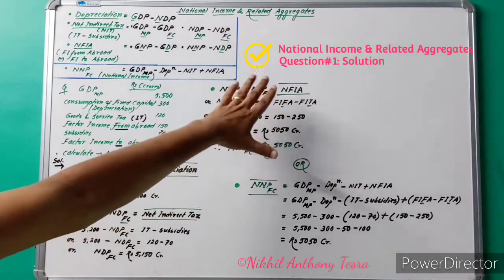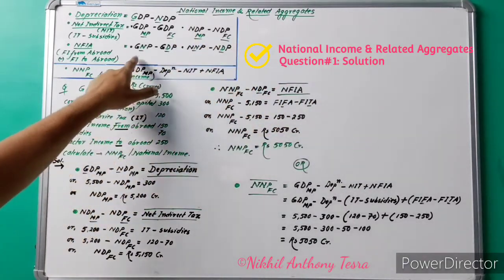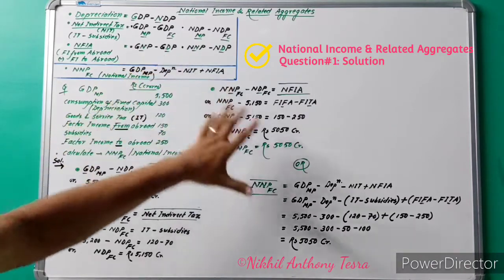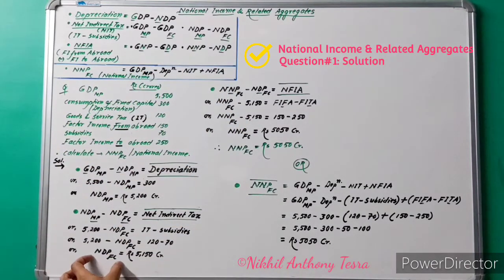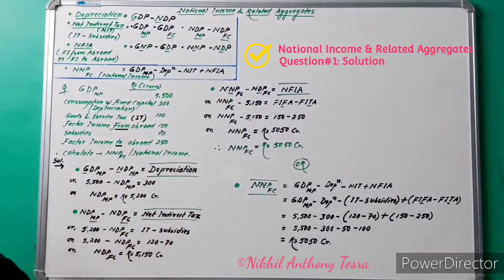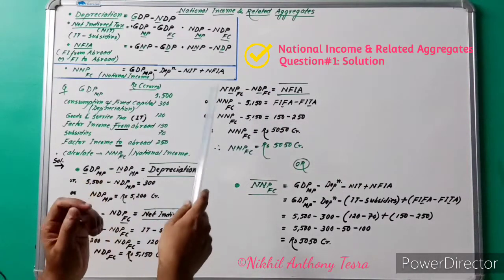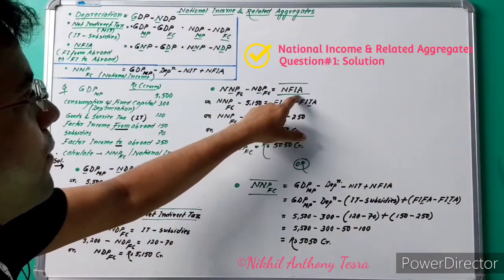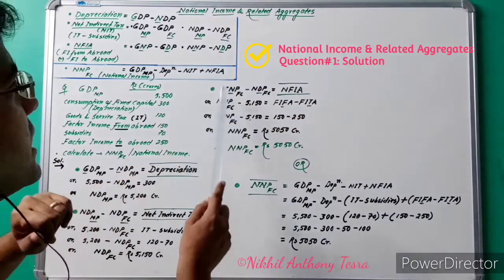So NFI, what I explained in the last video, we need to remember only national minus domestic. Now in this particular case, we got NDP. D is domestic. So in this domestic, you write NNP factor cost. Net factor income from abroad is national minus domestic.